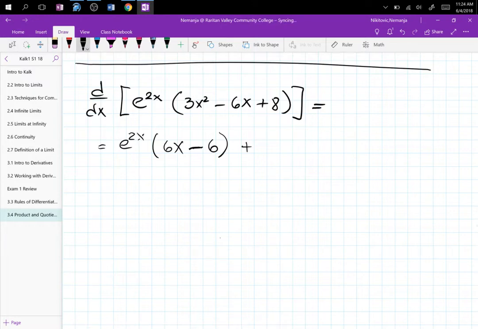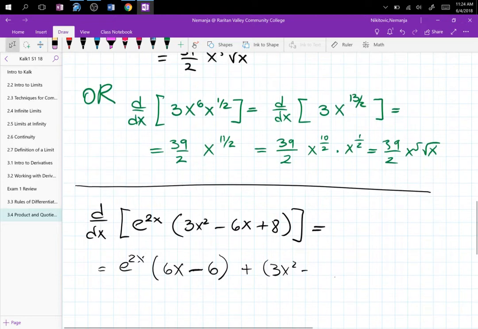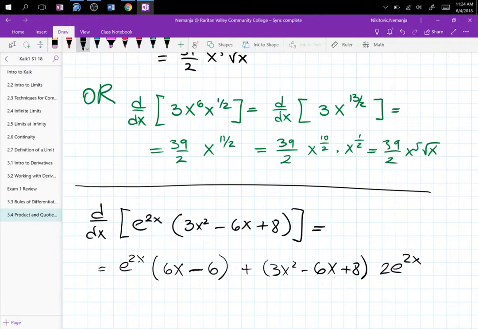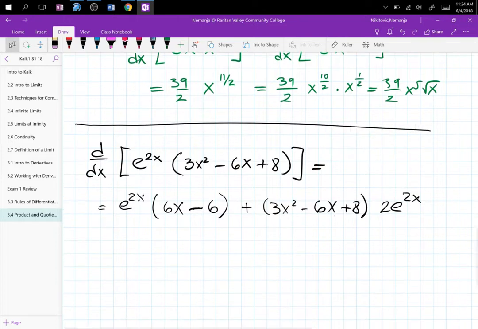Plus, copy the second. See? I have to move it over here to get the 6 out of this. There we go. And times 2e to the 2x, much better. So now we have, if you look at these two, the difference in the e to the 2x is the 2, which you should go and multiply inside.